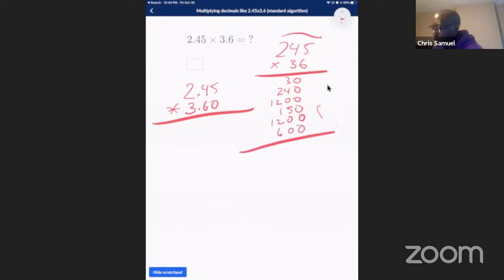And you have the 0 here, and then you have 7, 8, 9, 10, 11, 12. You have 3 plus 3 is 6. 6 plus 6 is 12. 12 plus 2 is 14. 1, making sure. So it's 3,420.